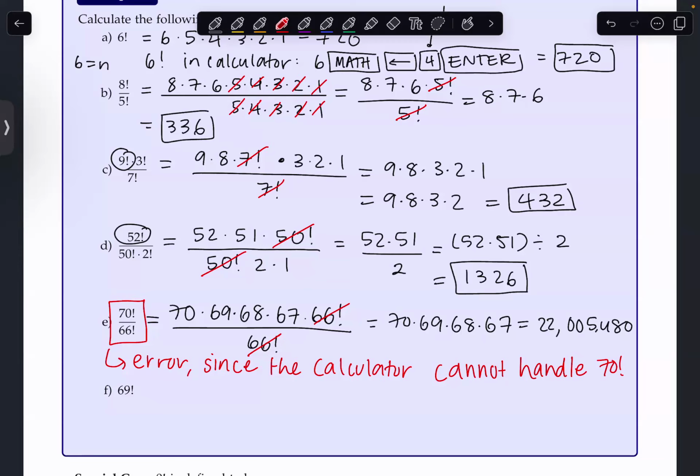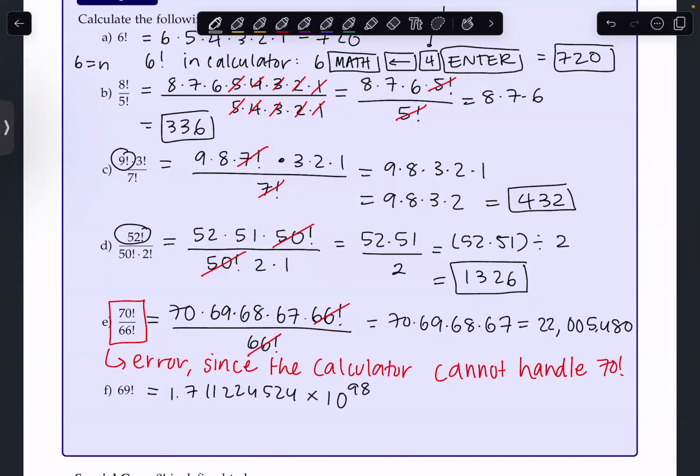It turns out that this is the first number that the calculator cannot compute. It can compute 69 factorial, but the way that it gives you the answer is not very obvious what the number is, and it's actually a very big number. If you put this into your calculator, it'll give you 1.711224524 times 10 to the 98th power.